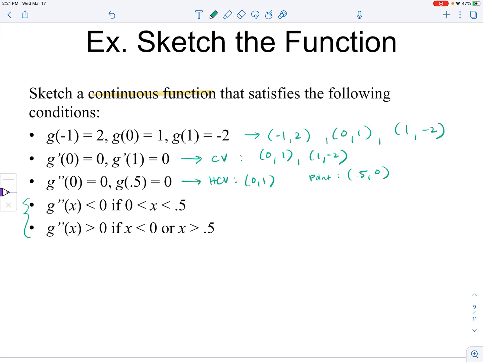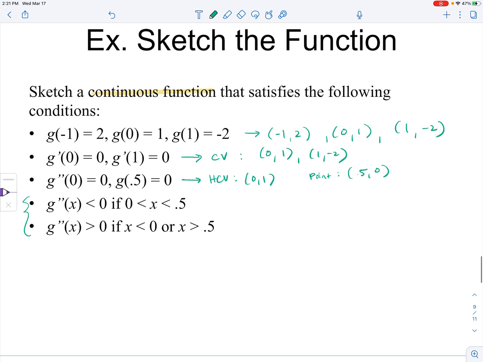Okay, so next, the last 2 lines are giving us more information about the second derivative. We're given that between 0 and 0.5, g double prime of x will be less than 0.